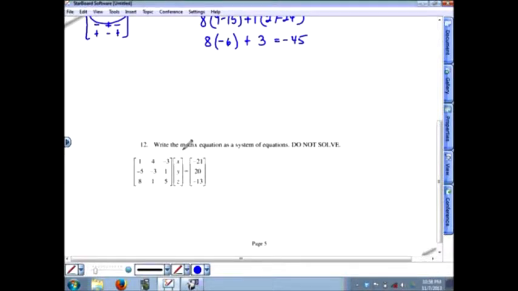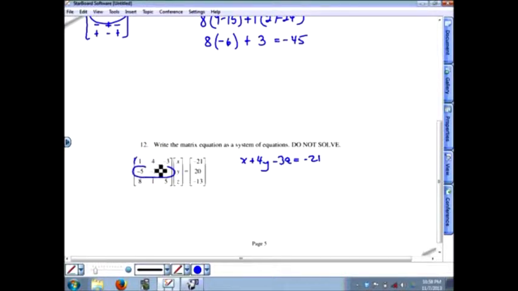Question 12, you're meant to take this matrix equation and write it as the system of equations from which this matrix equation came. So this top row here, these are coefficients of an x, y, z variable respectively, and it would equal negative 21. So this first equation is x plus 4y minus 3z is equal to negative 21.